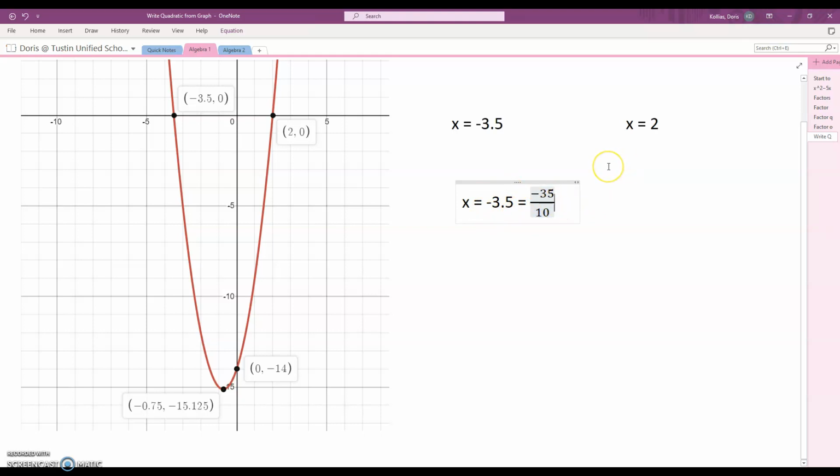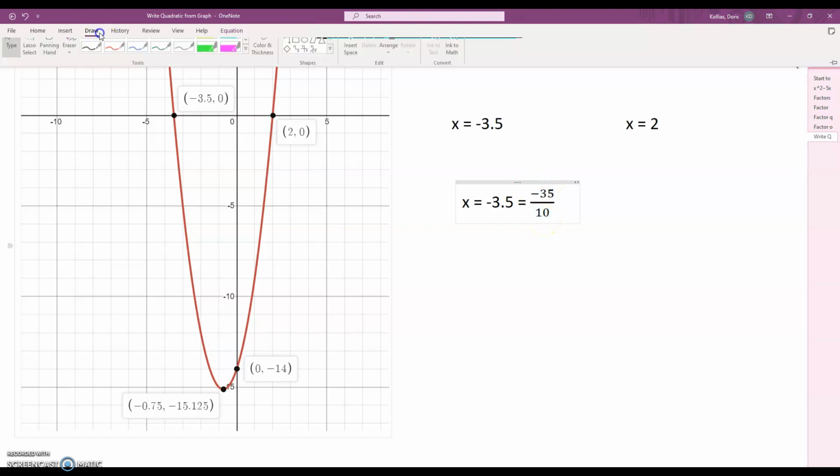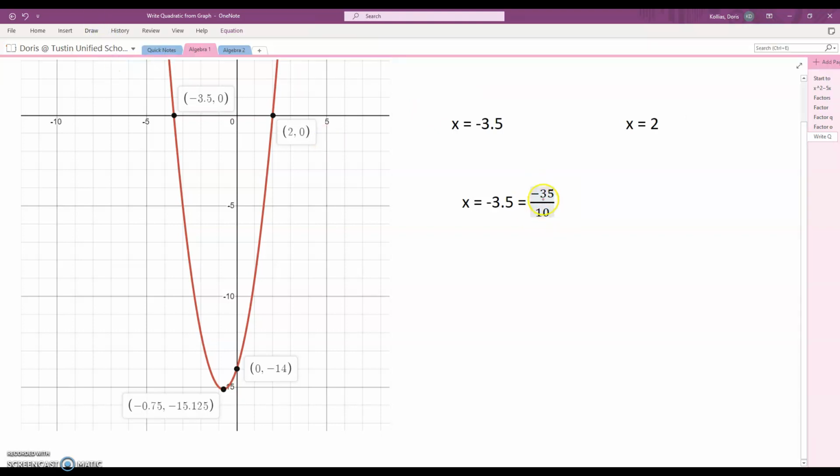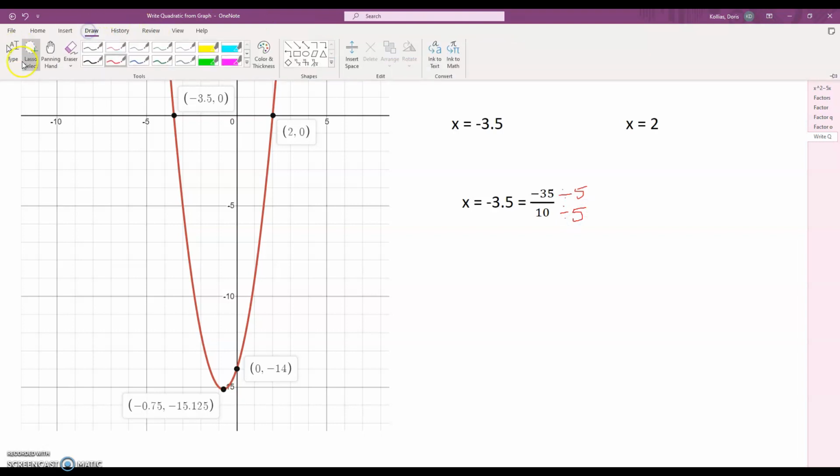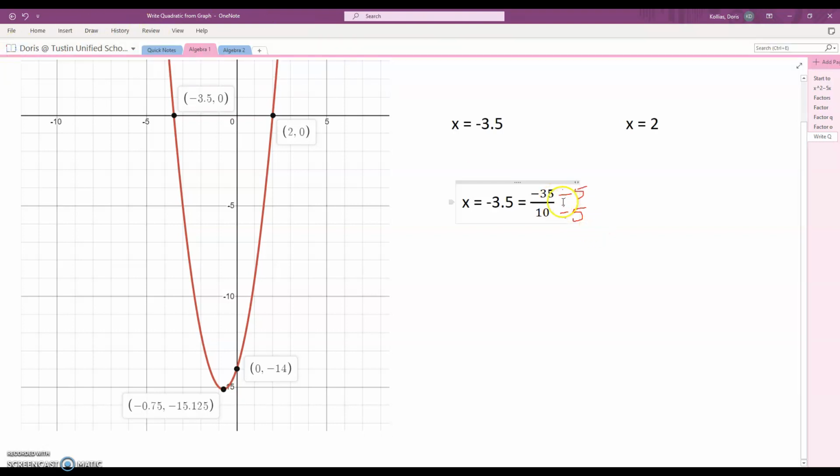Next, what we're going to do is identify the common factor that can be divided from both the numerator and the denominator of this fraction. I know that for both of those, I can divide by 5. So I'm going to divide each of these by 5 in order to simplify this fraction.